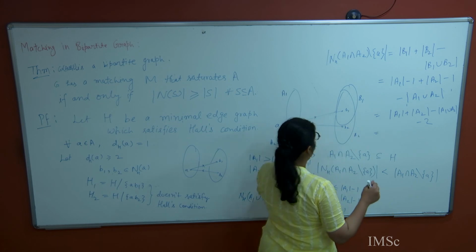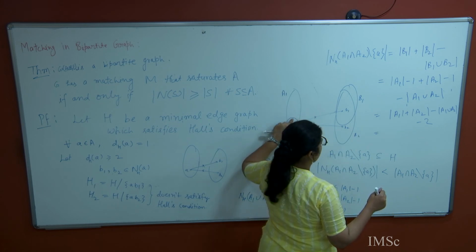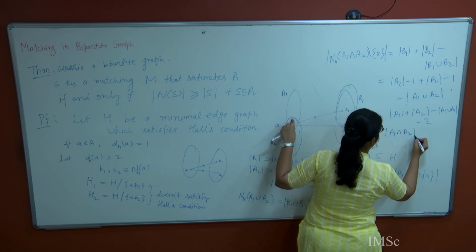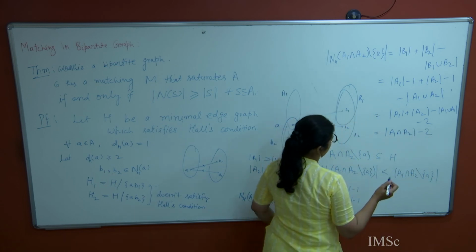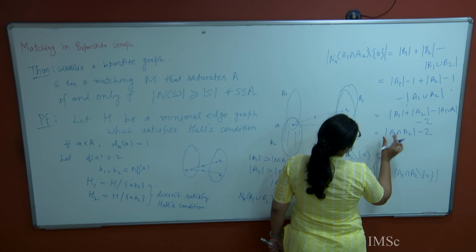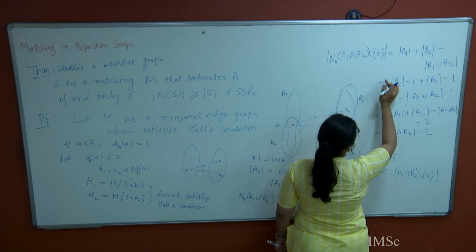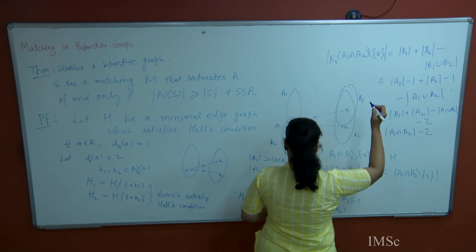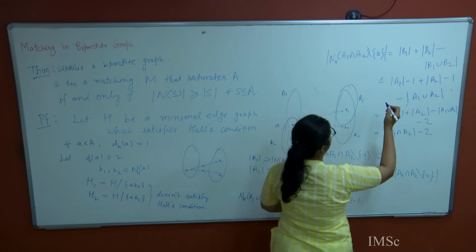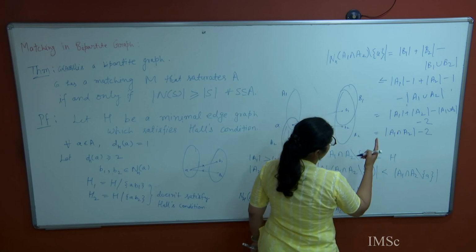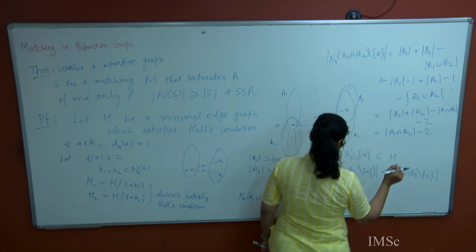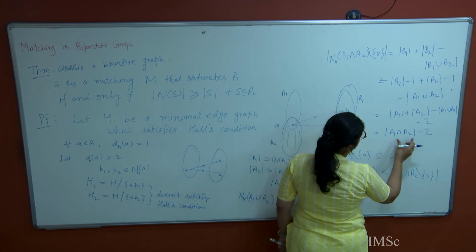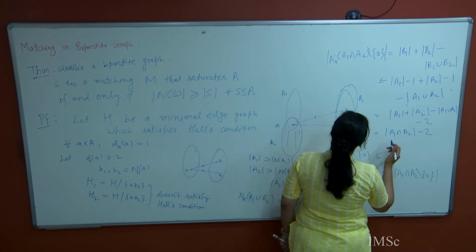That means it remains with the intersection, the cardinality of A1 intersection A2 minus 2.